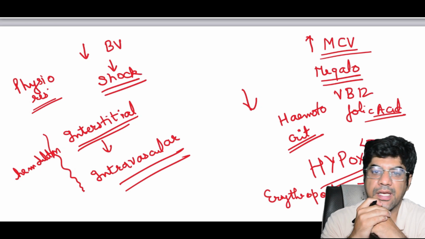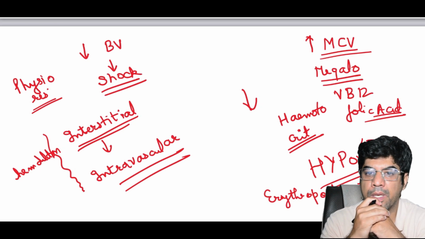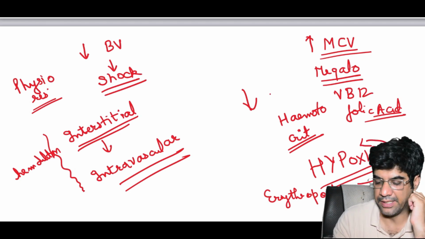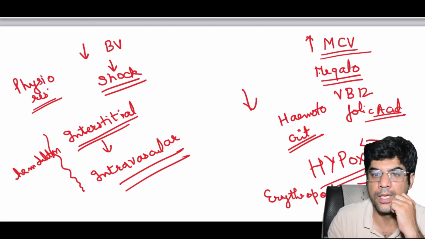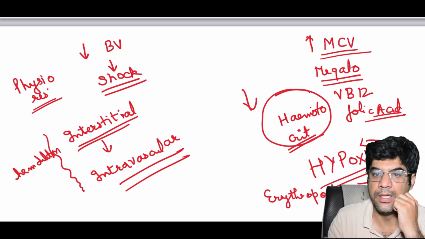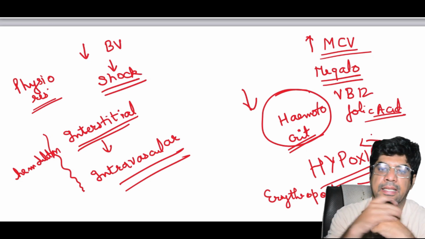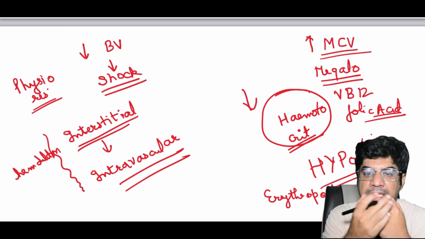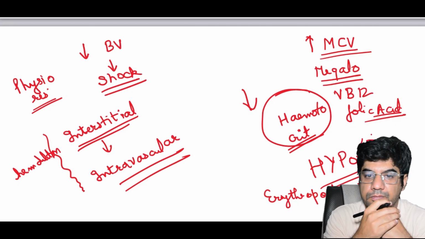Here the red blood cells are normal in size and hemoglobin content, but their number is reduced. So you would see normocytic normochromic anemia. Apart from that, there would be a lower hematocrit value and an increase in reticulocyte count, which indicates accelerated erythropoiesis in the bone marrow.